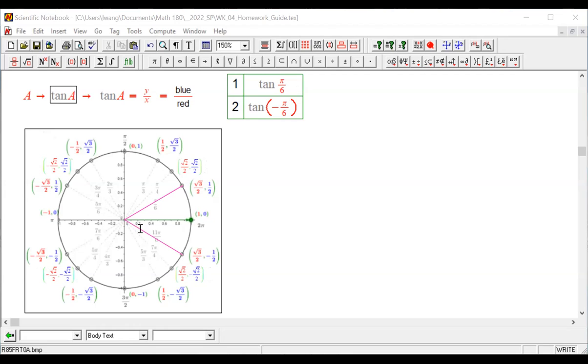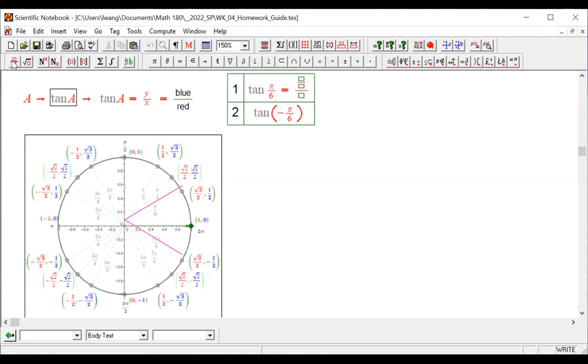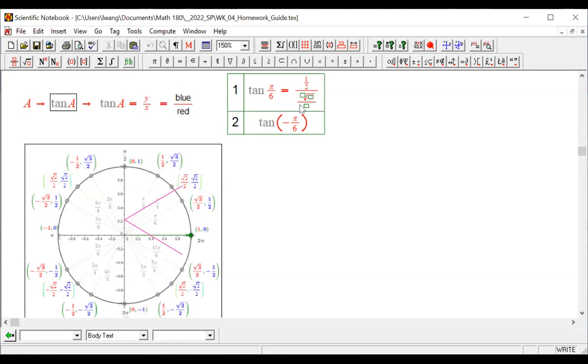Now, what do we do? By definition, their reference angles are also the same, pi over 6. So tangent pi over 6 is going to be the blue number divided by the red number. The blue number is half, the red number is √3 over 2.